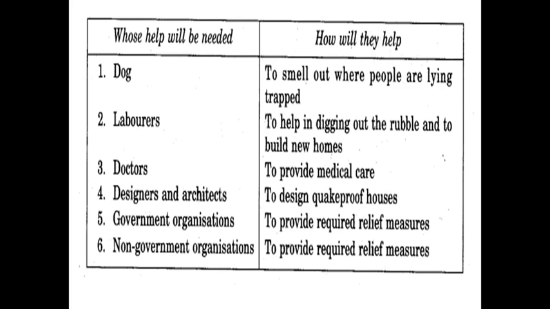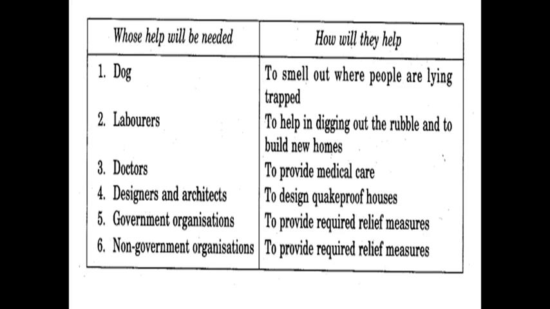At that time the armed forces drop packets of food, water, clothes, medicines and other things from helicopters. The army helps by clearing the roads and constructing temporary houses for the survivors. So like that help arrives for the people who experience the earthquake or disasters.